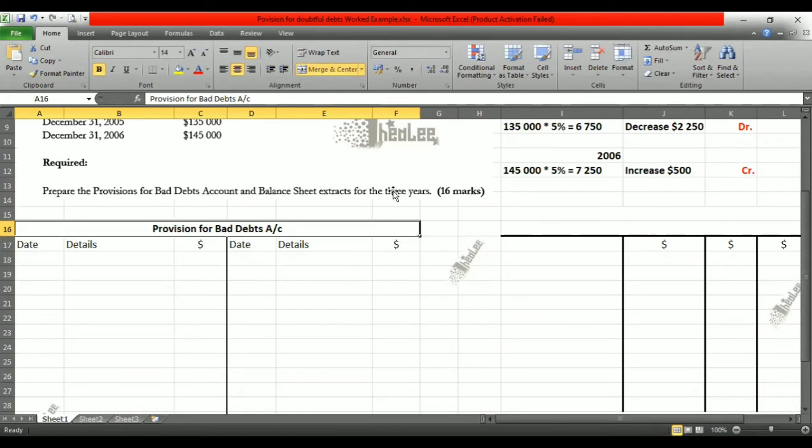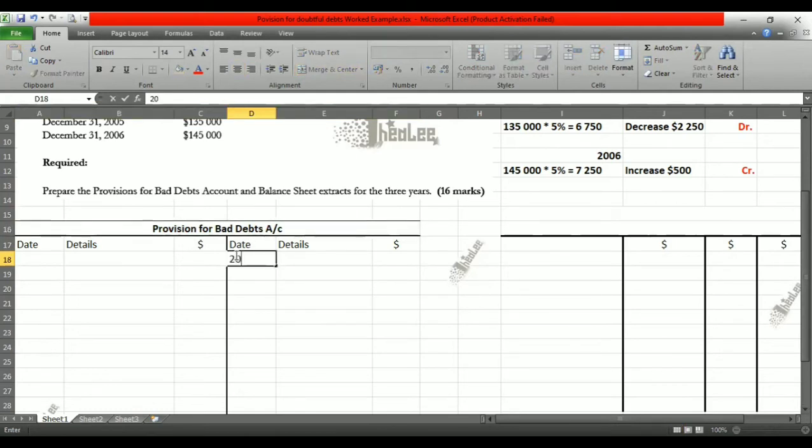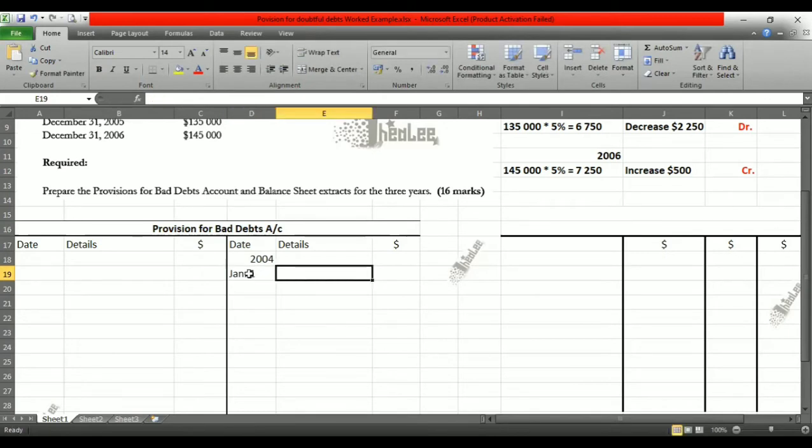So the first year that we're starting with is 2004, but there's an opening balance as presented in the question at January 1st. So therefore we need to record that first. So our balance brought down is $7,500.